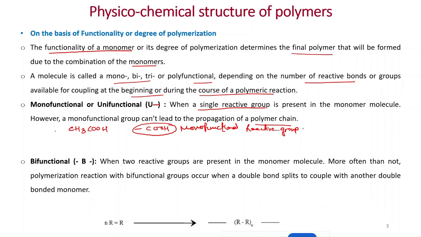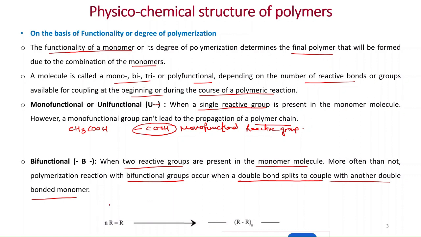The second one is bifunctional, when two reactive groups are present in a monomer molecule. More often than not, the polymerization reaction with bifunctional groups occurs when a double bond splits to couple with another double-bonded monomer.